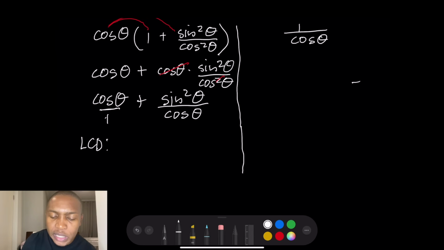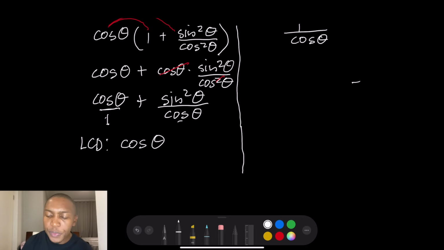Now, what is our lowest common denominator in this case? And remember, our lowest common denominator should be such that both of the denominators can become factors of that LCD. Right, in this case, what is our LCD? It's going to be the cos of theta, right?